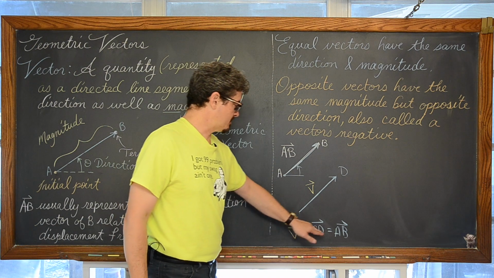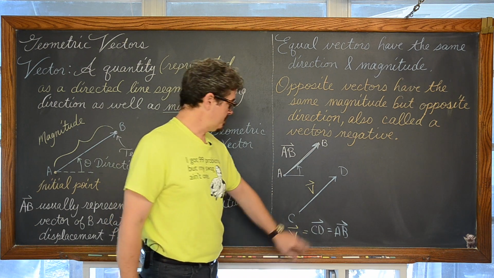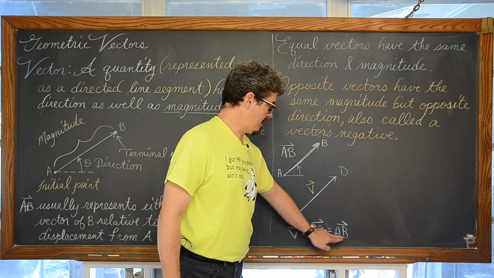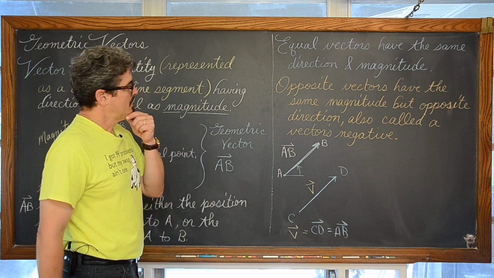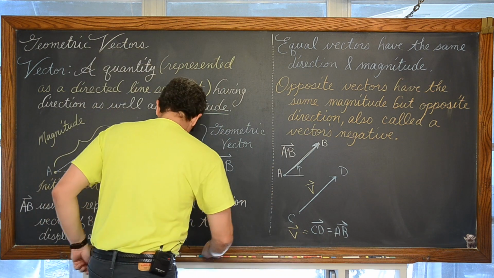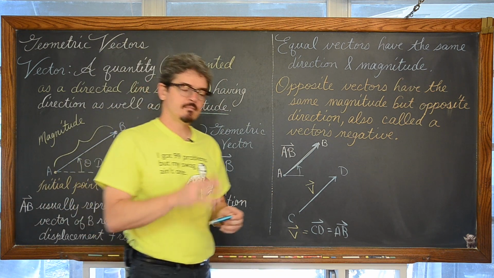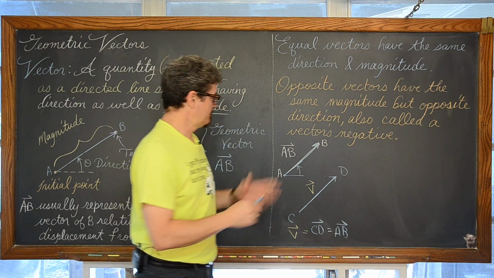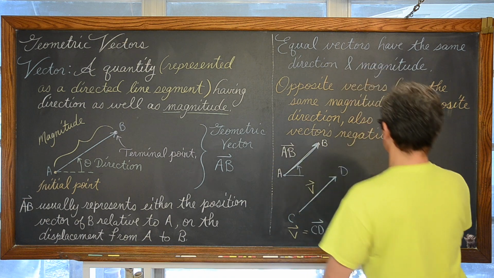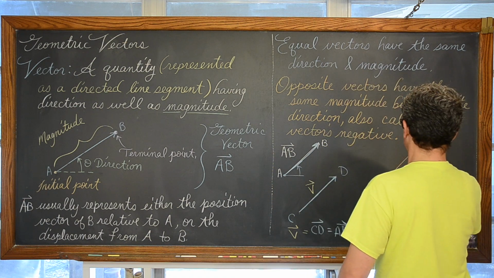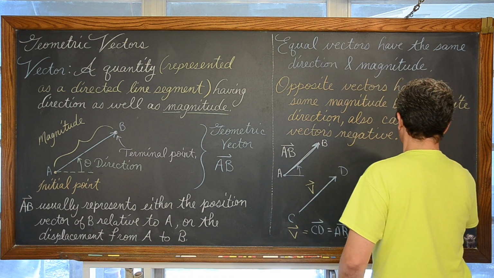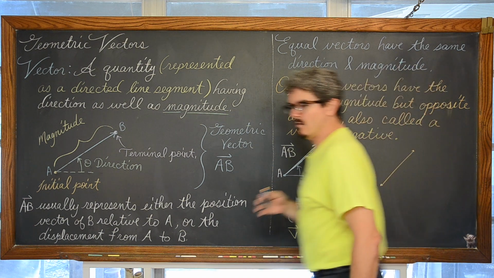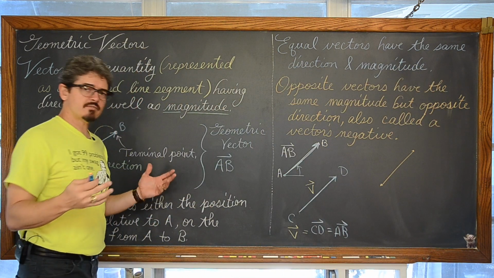But vector V is equal to vector CD, which is equal to vector AB. Now, with some orange chalk, if I draw a line segment with the same length and parallel, okay. So right now, we just have a line segment.